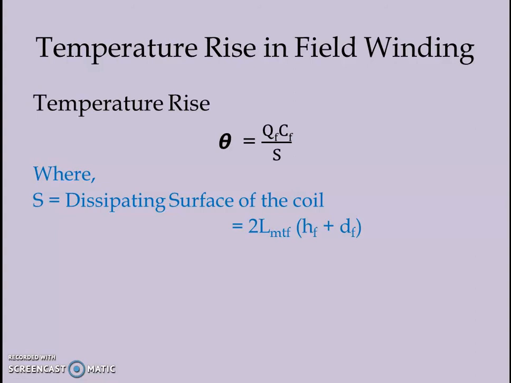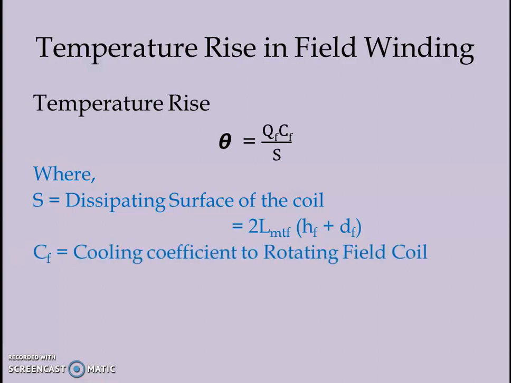By adjusting DF, we can set the dissipating surface area of the coil. And CF is the cooling coefficient of the rotating field coil. In terms of peripheral speed, it is 0.08 to 0.12 divided by 1 plus 0.1 VA, where VA is our peripheral speed.